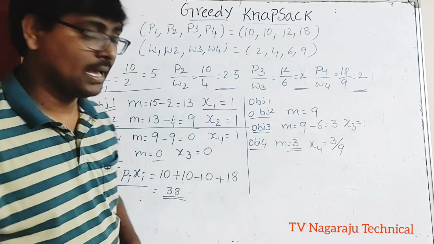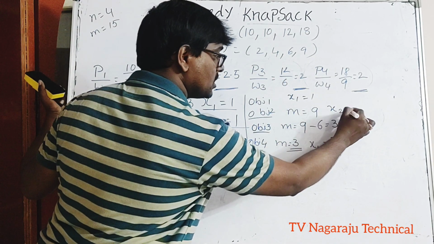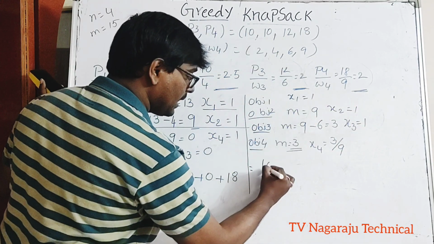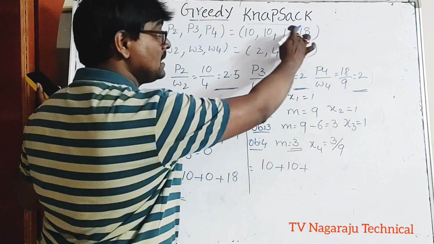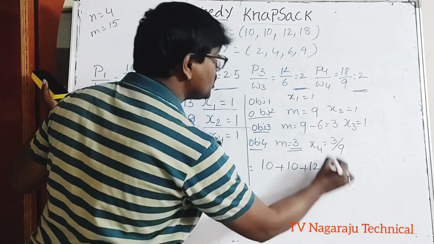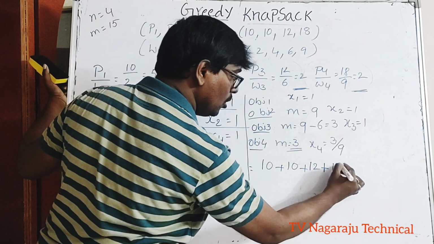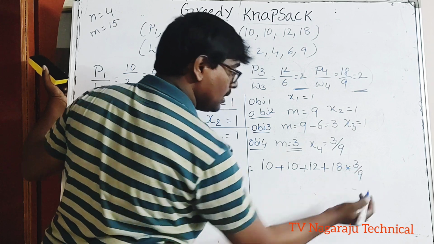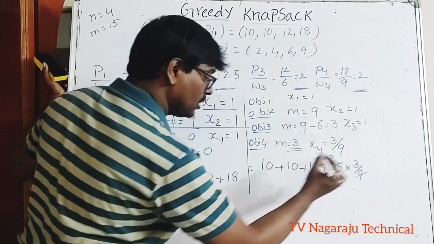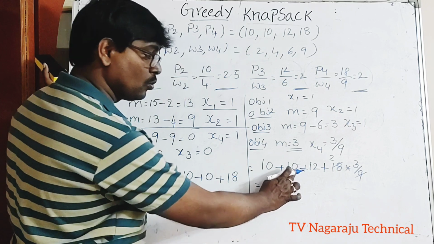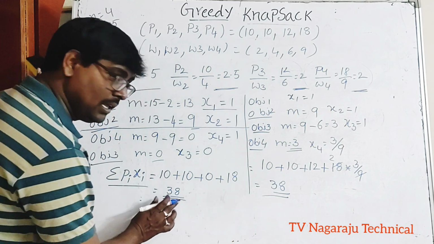Now calculate the profit. x1 is 1, x2 is 1. 10 into 1, 10, plus 10 into 1, 10, plus x3 is completely placed, so 12 into 1, 12, plus 18 into 3 by 9. 18 into 3 by 9 is 2 into 3, which is 6. So 10 plus 10 is 20, plus 12 is 32, plus 6 is 38. What you get is 38.